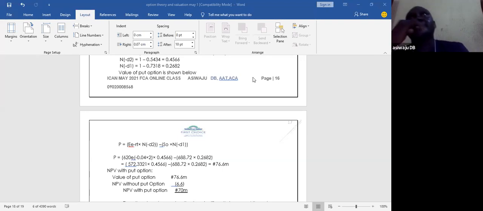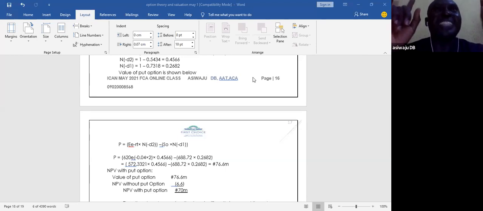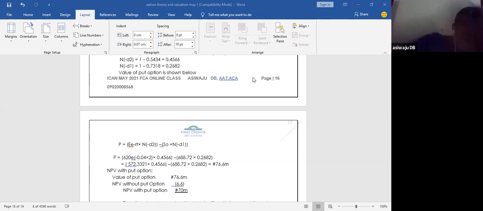Put call parity theory is used to determine call price or put price when one of them is given. That is, if I know my call option price, I can determine my put option price, or if I know my put option price, I can determine my call option price.